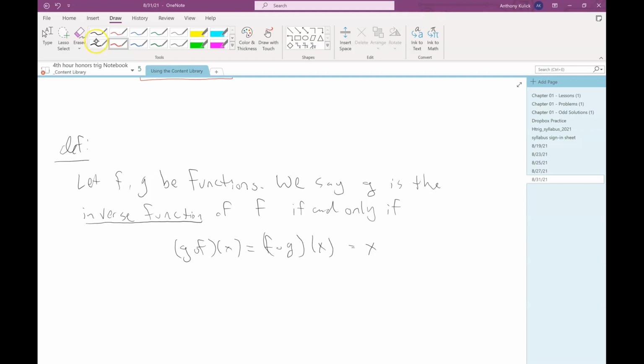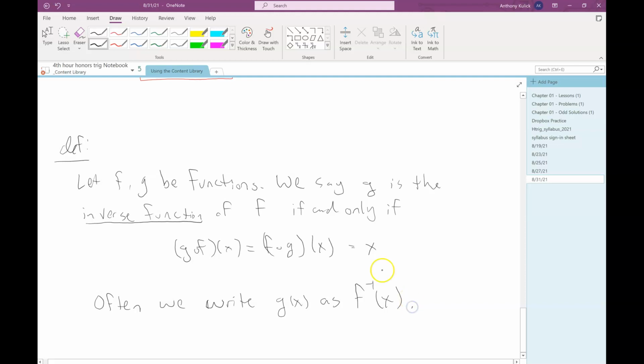So notationally, we write this g of x as f inverse of x.